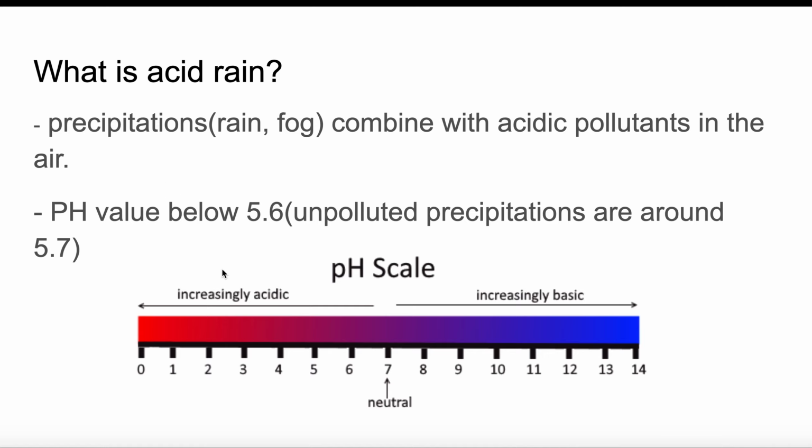By the definition, acid rain should have a pH value below 5.6. This is because unpolluted or natural precipitation has a pH value around 5.7. In this case, many people will ask, as we learned before, pH 7 is the pH value at which substances are neutral, so why in this case is it 5.7?